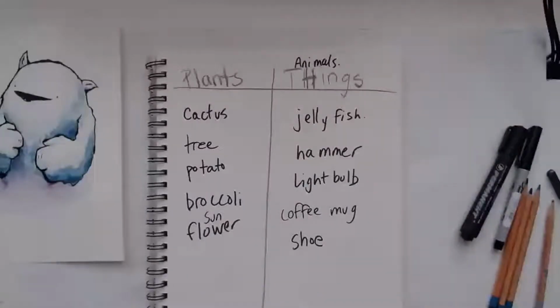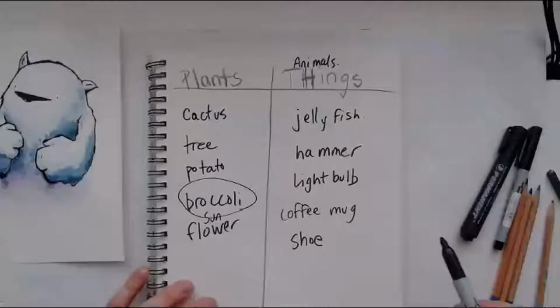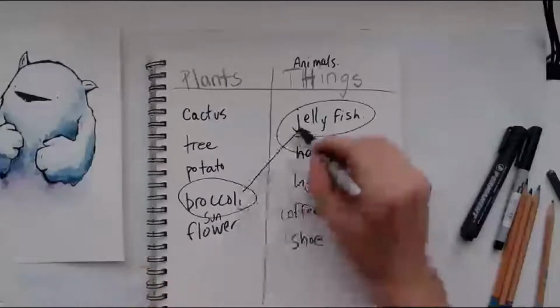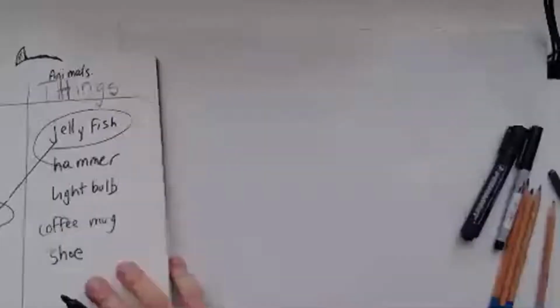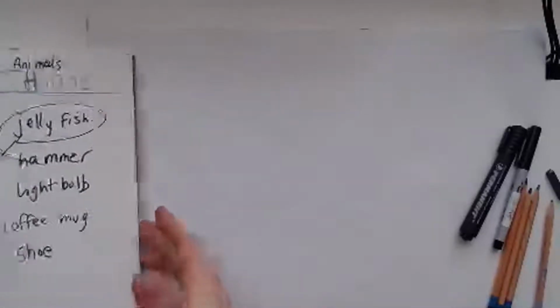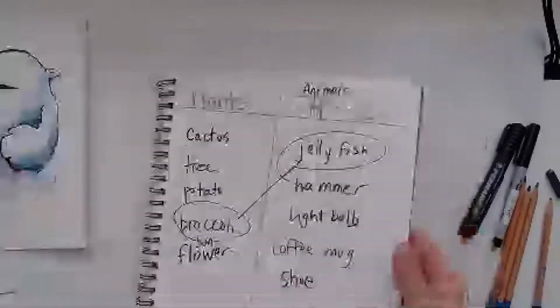So maybe this time I will choose the broccoli. All right. Now your challenge, or my challenge, I guess, is to quickly sketch out something to take those two things and combine them into one.